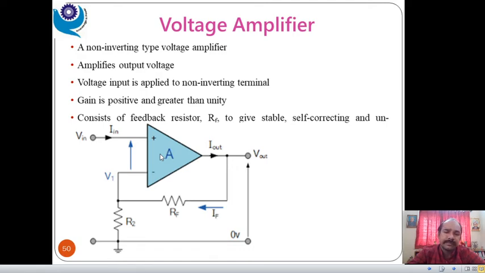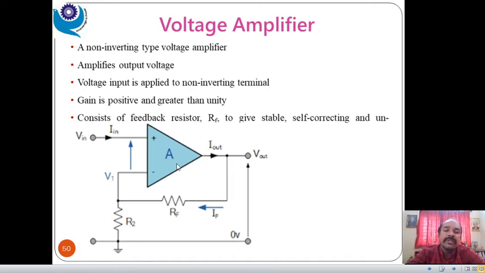This 741 op-amp IC is able to amplify currents which are in microamperes, which again is not possible with a transistorized amplifier. We can amplify currents which are very small, less than milliamperes. That's why it is highly sensitive, and we always prefer the 741 op-amp IC amplifiers.